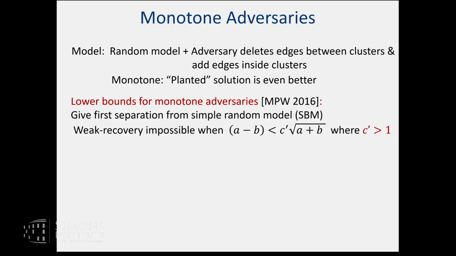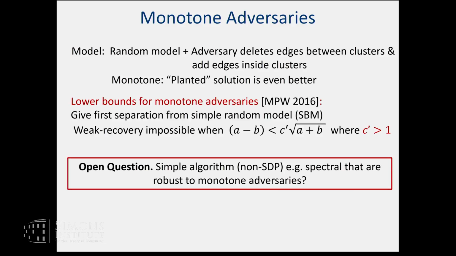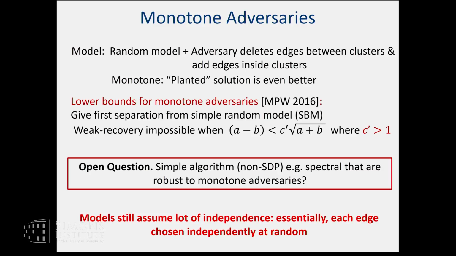Okay, and there are lots of interesting open questions about monotone adversaries. One nice question is, do we actually need semi-definite programs to get algorithms that are robust to monotone adversaries? Can simpler algorithms like spectral methods, or modifications of counting-based approaches, actually work with monotone adversaries? However, one issue with monotone adversaries is that, while you get some adversarial nature because of these monotone changes, the model still assumes a lot of independence.